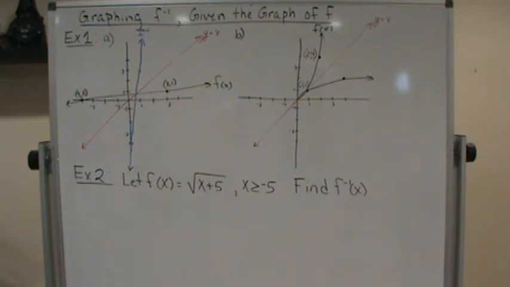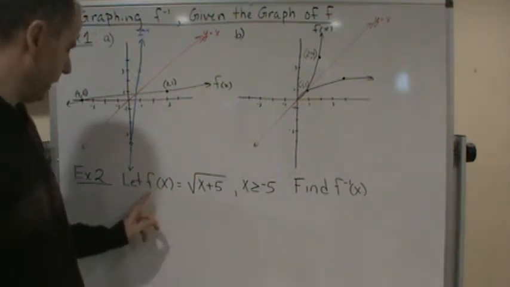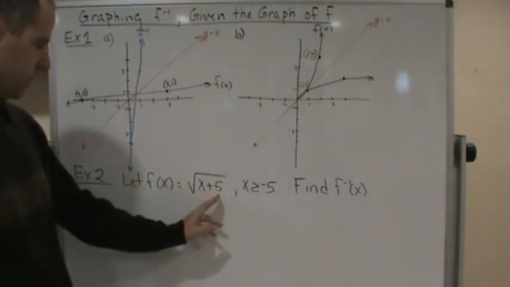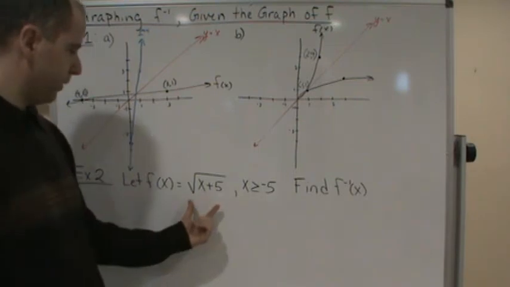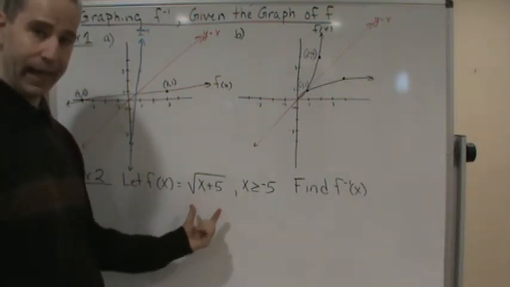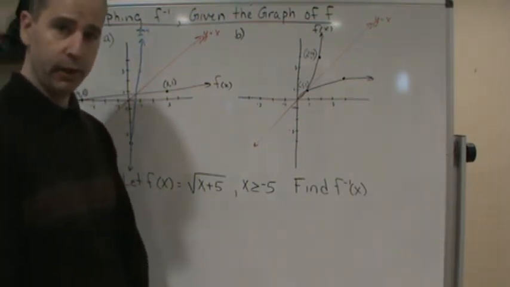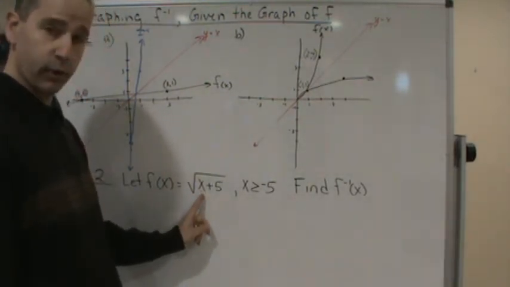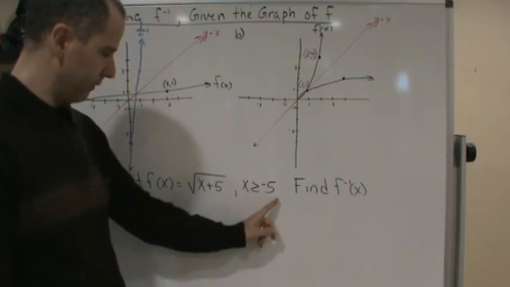Okay, now example 2. What if we have a restricted domain? For example, in this example, we have f of x equals the square root of x plus 5. Because it's a square root, we can't have any negative numbers under the radical. So that means x has to be greater than or equal to negative 5, which is what we have here.